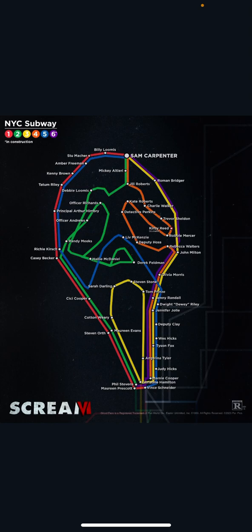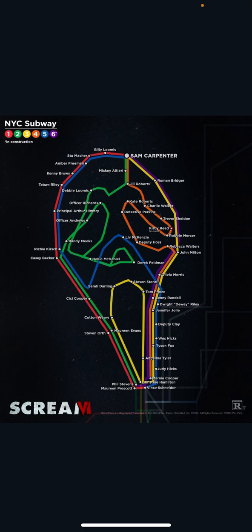Basically this is a whole map of all the killers in this franchise that have died, and the victims of those killers that have died as well. That's what this map is showing, with all the names and everything.